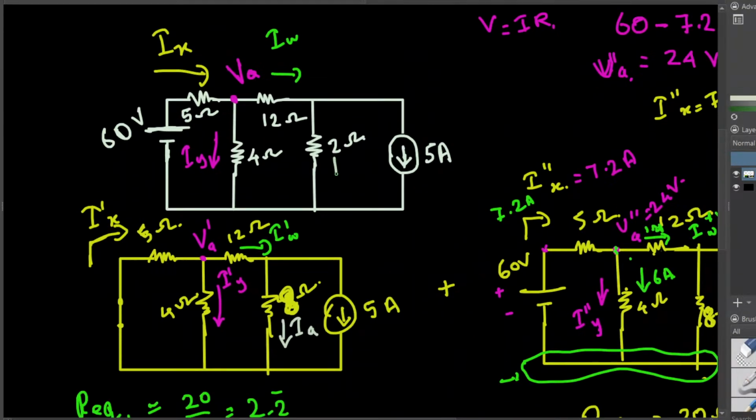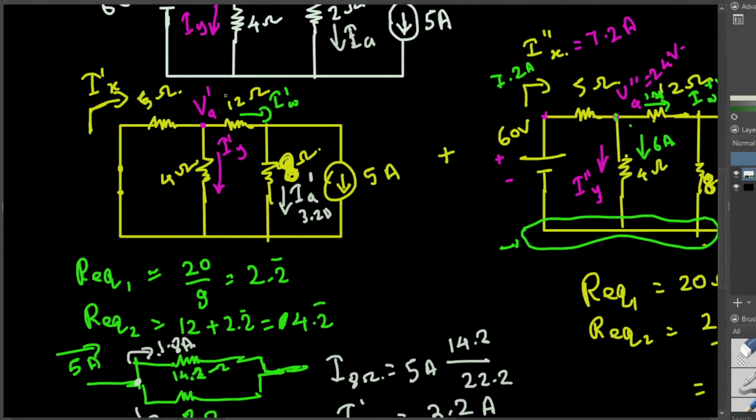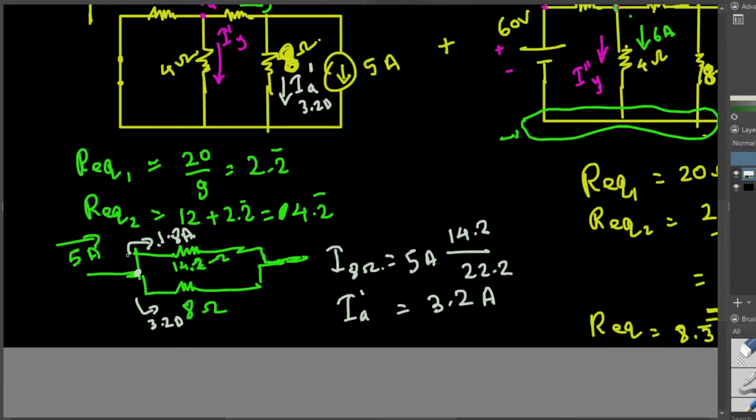Okay, in the original diagram, let's call this one IA and this one IA prime right here. We know IA prime is 3.2 ampere. This one is 3.2 ampere, and the current passing through this 12 ohm resistance is the 1.8 ampere we found from this KCL right here.